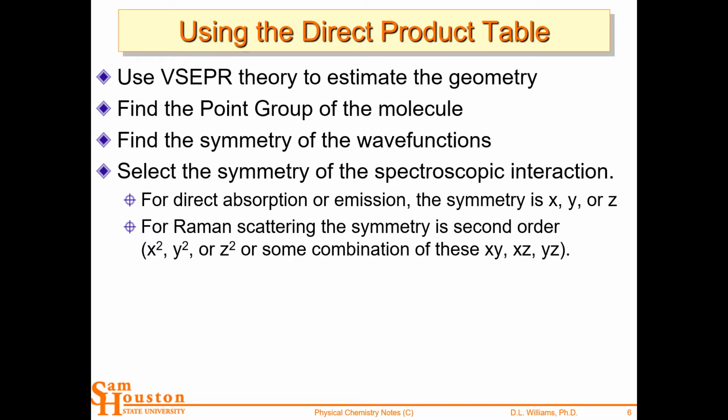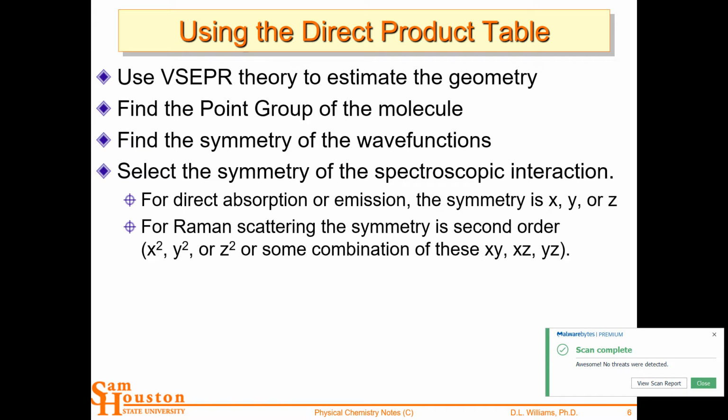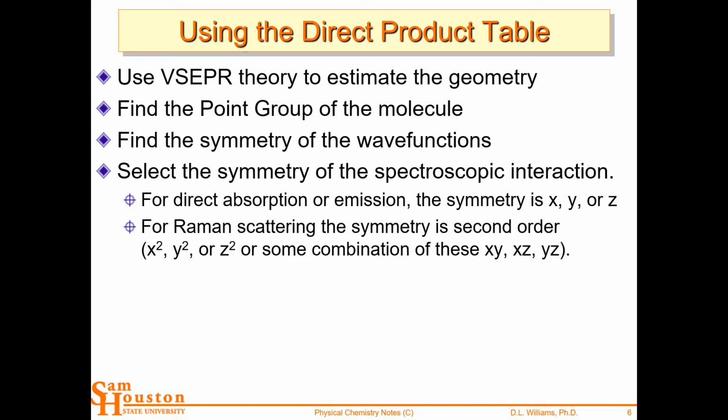For scattering, though, we have 2 photons of light. They could come in on the x axis and leave on the x axis, so that would be x squared. So both polarizations are in the x direction, or the z direction, or the y direction. And then you could also have combinations. It's a scattering phenomenon, so the photon could come in polarized on the x axis, bounce off the molecule, and leave polarized on the y axis. Kind of makes sense, right?